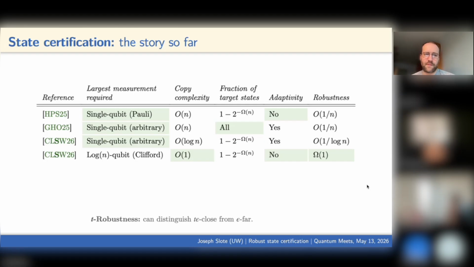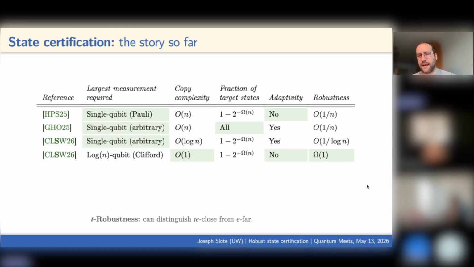So yeah, I guess log n qubit Clifford measurements may or may not be practical in near-term devices. But these two protocols take us closer to the dream of having a robust state certification protocol.